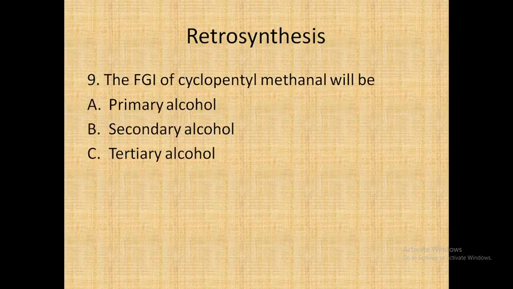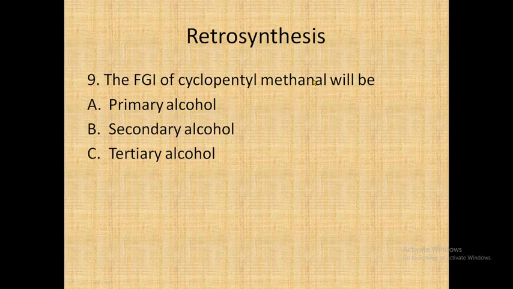Now next, the FGI, that is functional group interconversion, for cyclopentyl methanol will be. Options are given: primary alcohol, secondary alcohol, and tertiary alcohol. If you see the compound whose FGI we have to find out, it's a methanol.